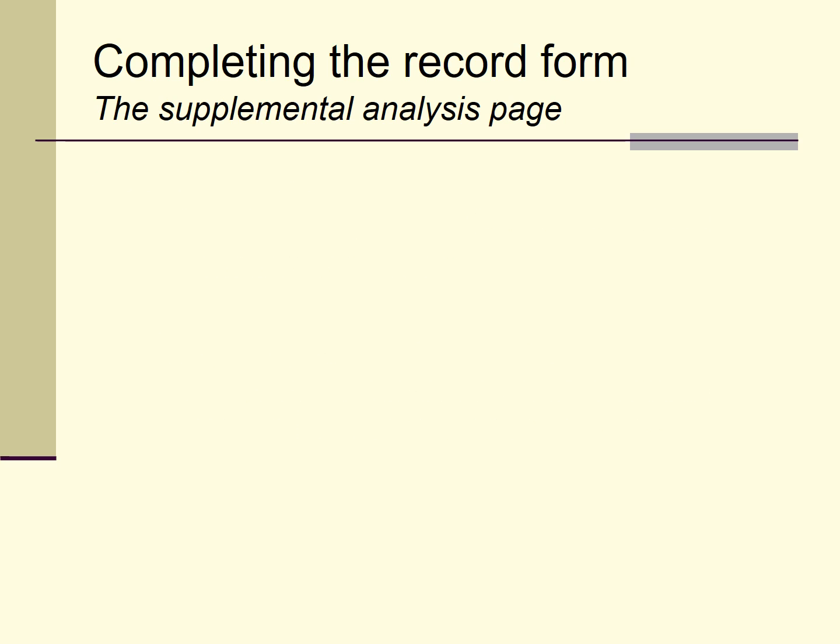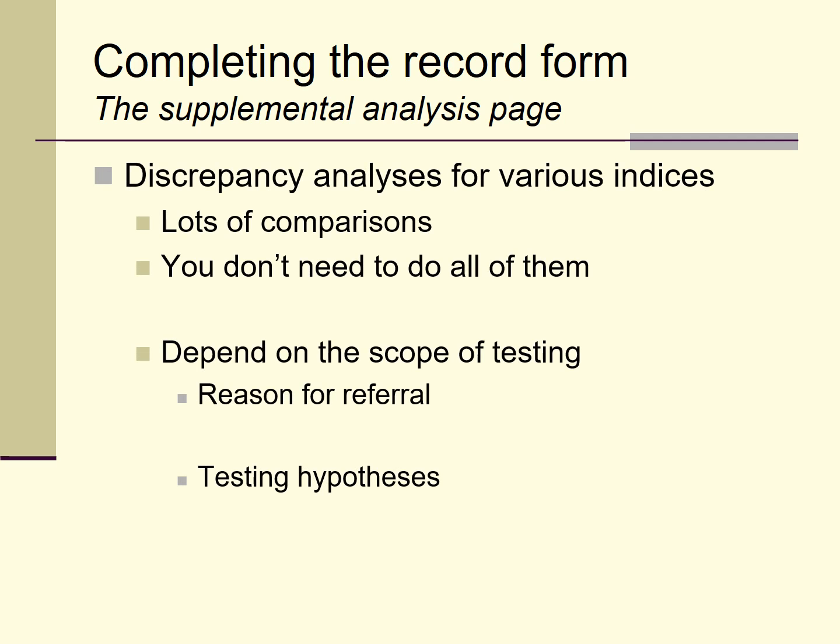We can also go to the appropriate page in the record form and conduct some discrepancy analyses for our various indices, comparing, for instance, scores on the immediate memory index to the scores on the visual spatial constructional index, and so on. There are actually a lot of different comparisons that we can do, and we don't need to do all of them. Probably depends somewhat on the scope of our testing. What's the reason or the referral for the testing?